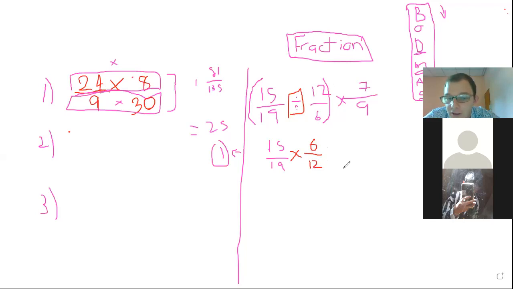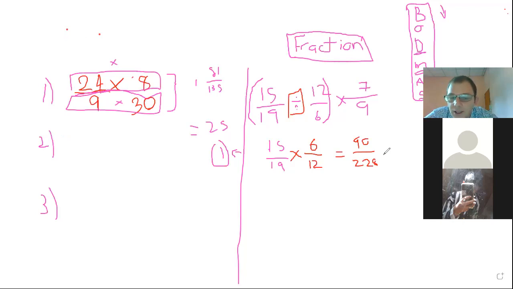We call this process that we move from 12 over 6 to 6 over 12 the reciprocal. So let's times. What is 15 times 6 equals 90. What is 19 times 12 equals 228.